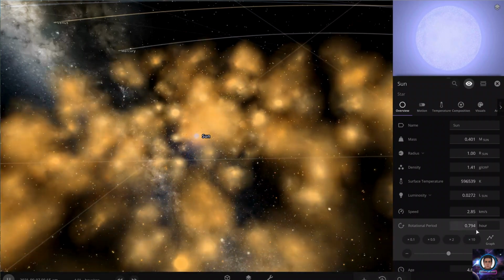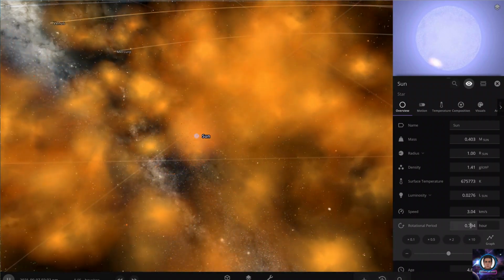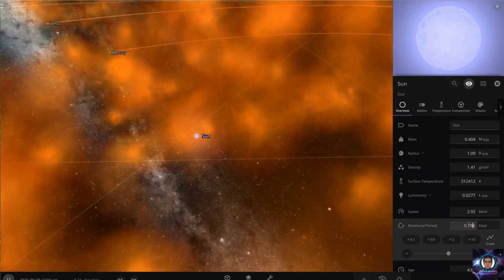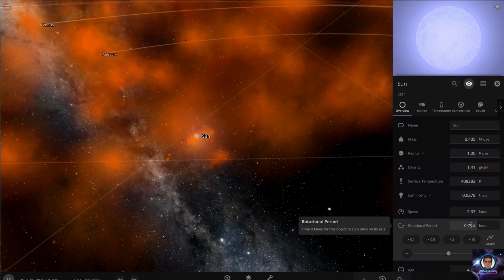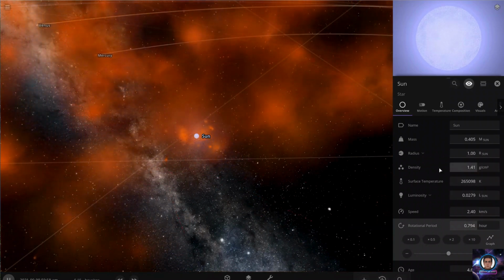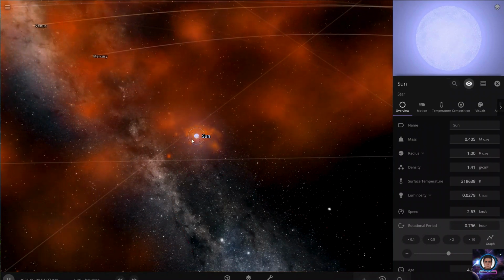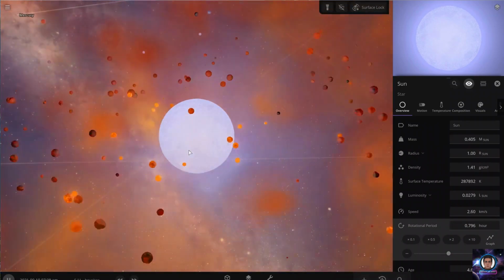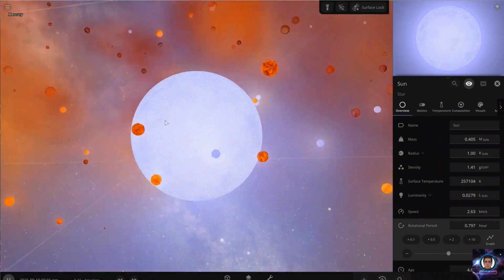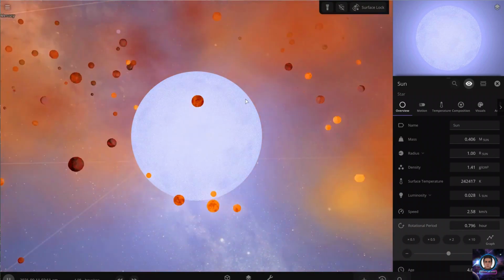Oh, this is the point. For something like less than an hour, if the sun wants to go around itself in less than an hour, it would be destroyed. The mass is 40%, something like that. And as you can see, it's really turning around itself very fast.